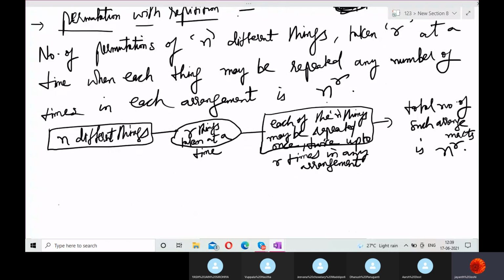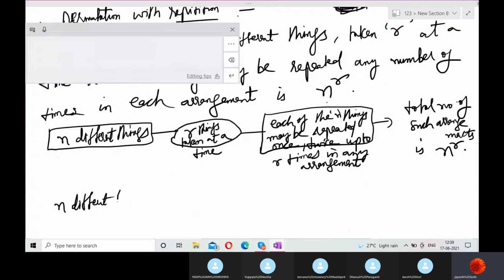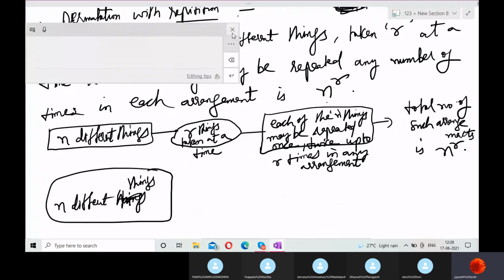So here we have n different things, and here we have r blank spaces.